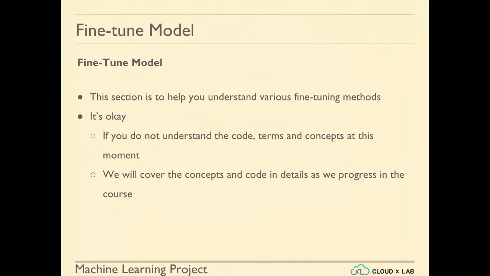In this section we're going to do that, and it's okay if you don't understand the code, because we do not know yet what these parameters are that we're going to fine tune. We are going to do it in a kind of blindfold way of trying, a hit and trial method.